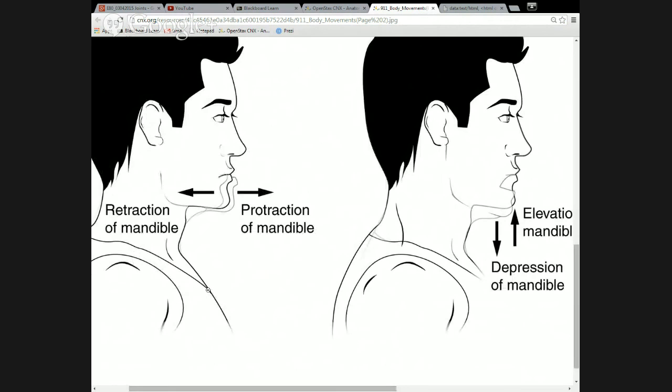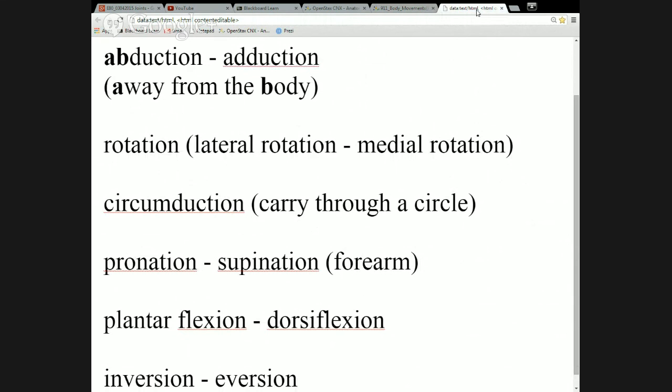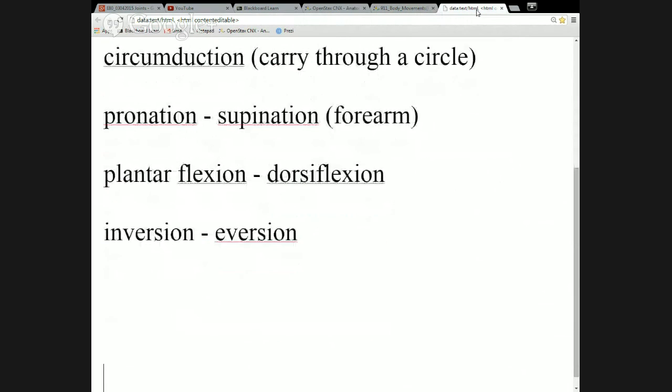Then the next few sets of words are always demonstrated in terms of the jaw, okay? But they're actually not limited to just what happens at the jaw. So the first pair is elevation and depression.